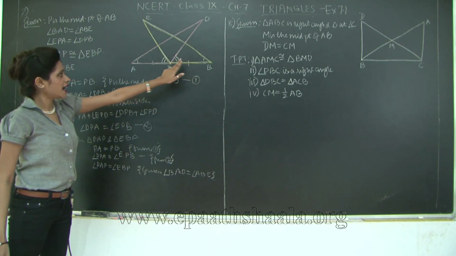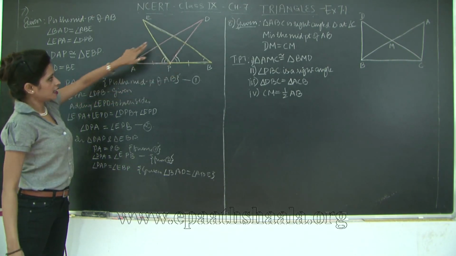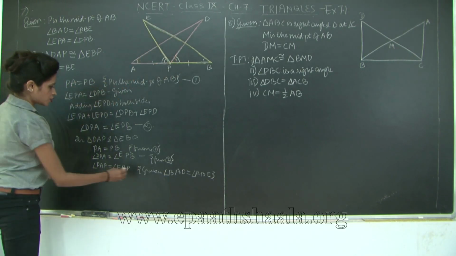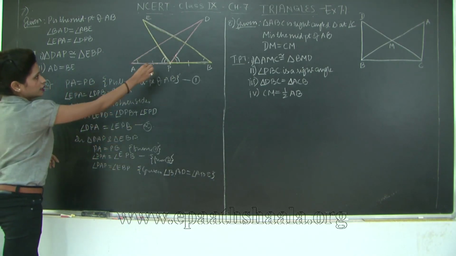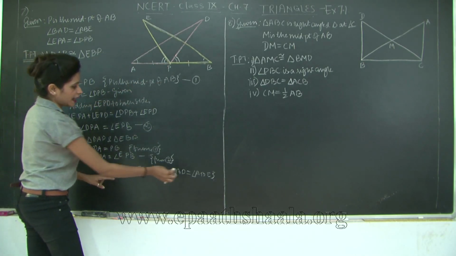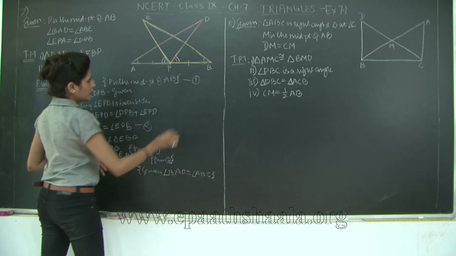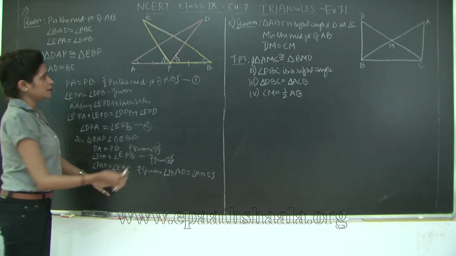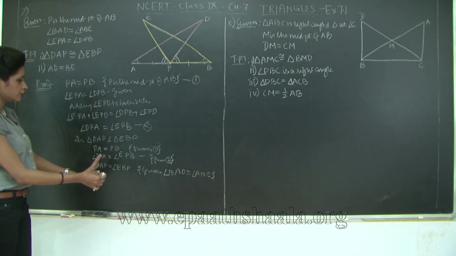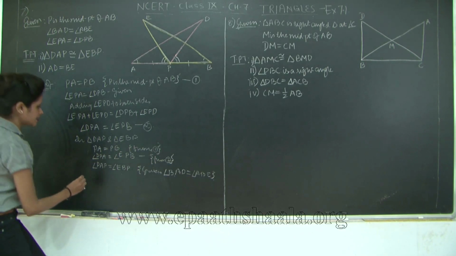So I am just writing DAP instead of my angle BAD, right? So this angle BAD is corresponding to DAP. And how about EBP? I have ABE over here. Instead of ABE, I am taking EBP, which is the same angle. So I am just rewriting this angle to suit our requirements for triangles DAP and EPB. Therefore, what can I say?